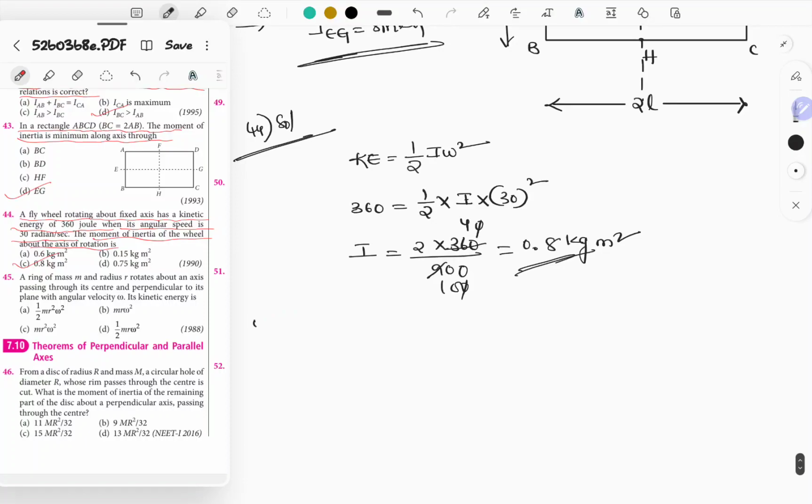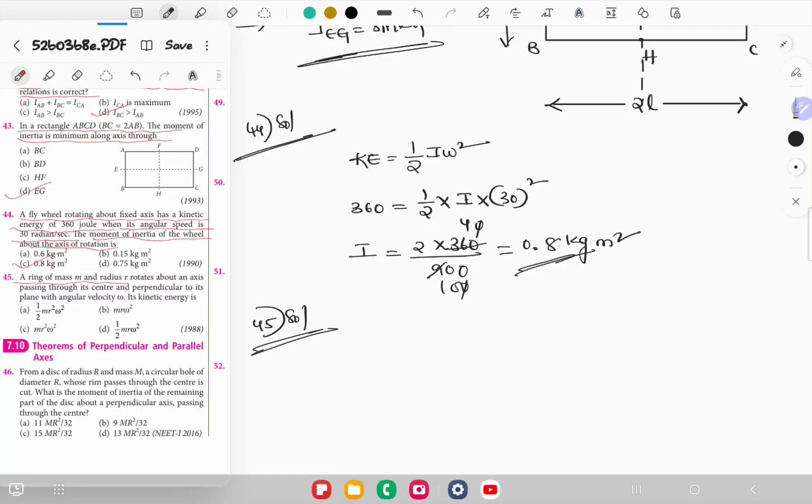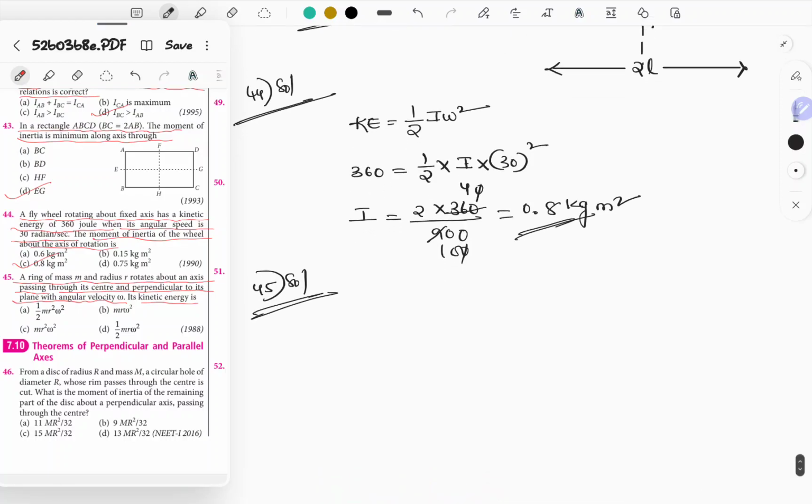Next, question number 45. Let me solve that. What is the question? They said a ring of mass M and radius r rotates about an axis passing through its center and perpendicular to its plane with an angular velocity omega. So the kinetic energy is, they have given mass and radius, right?